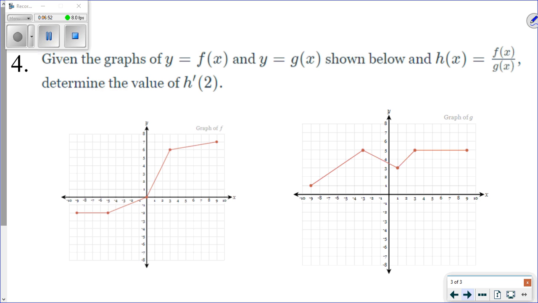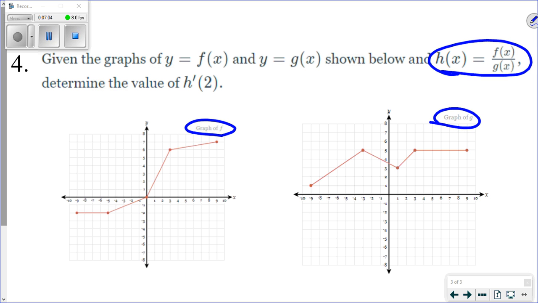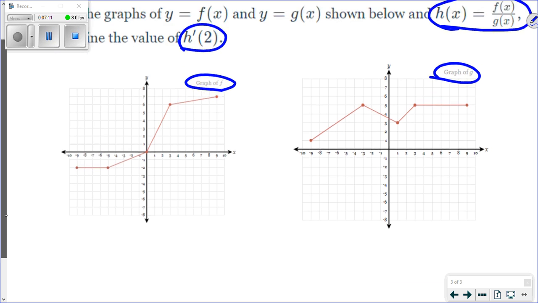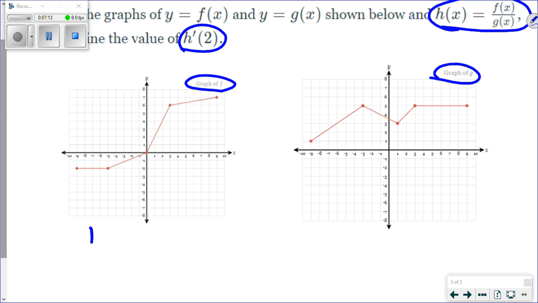Okay. All right, so in this problem, we're given the graph of f and the graph of g, and we're told h of x equals f of x divided by g of x, and we want to find h prime of 2. So the first thing we have to do is find h prime of x, which is just going to be quotient rule.